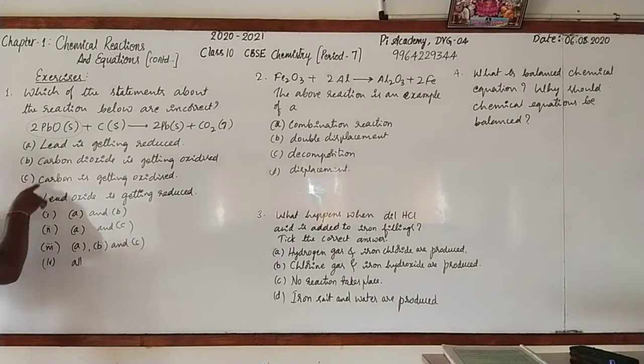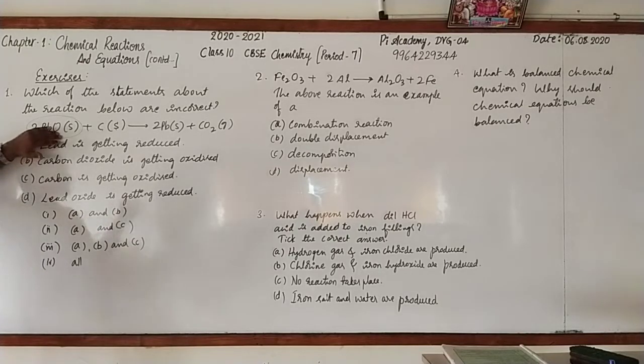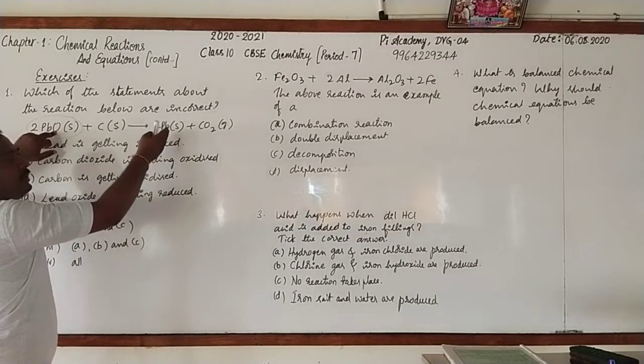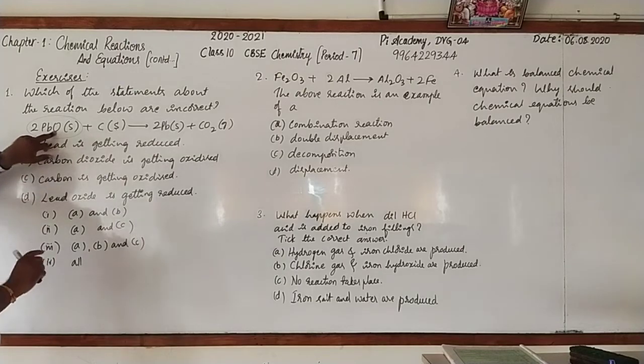Here are the options. Lead is getting reduced. Is it right? Dear students, we know that the substance which contains oxygen or which is ready to give oxygen for oxidation is called the oxidizing agent. So PbO is the oxidizing agent. So it gets reduced to lead, Pb. Got it?